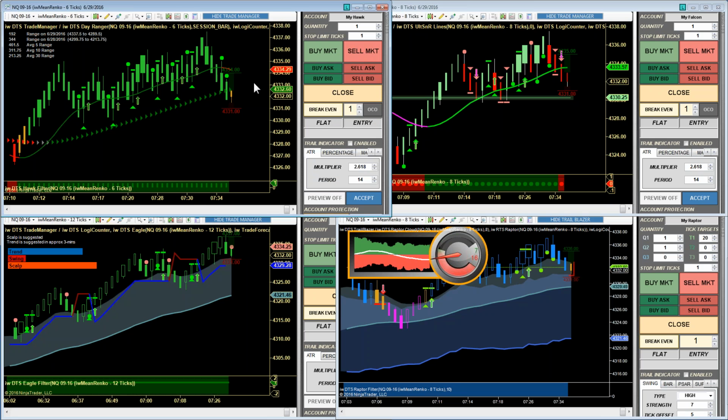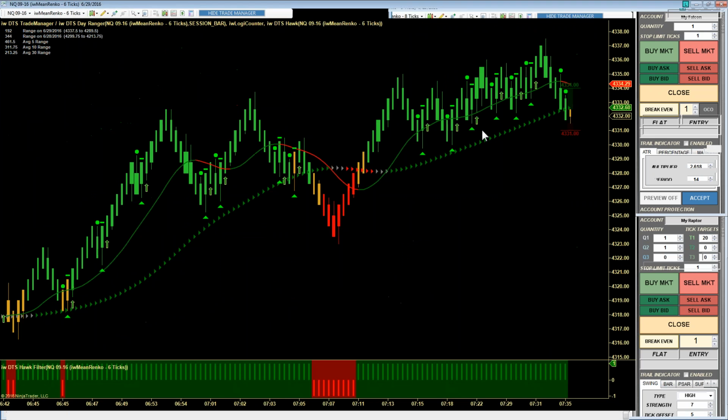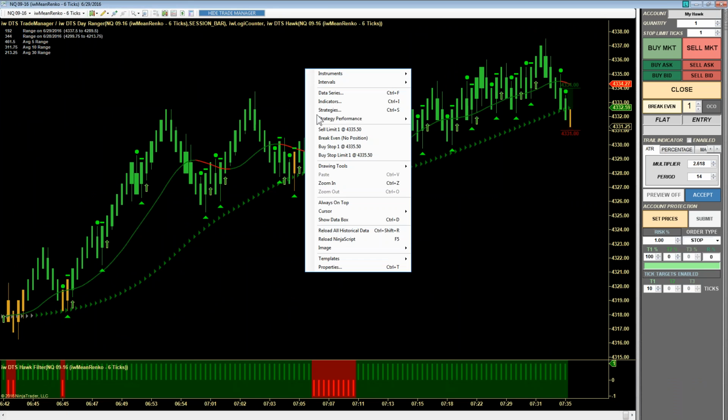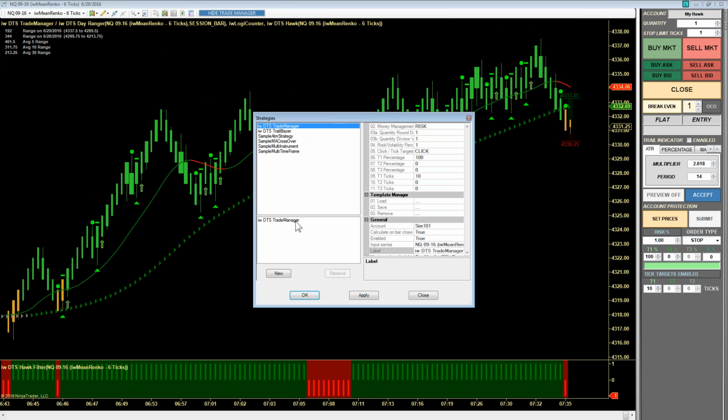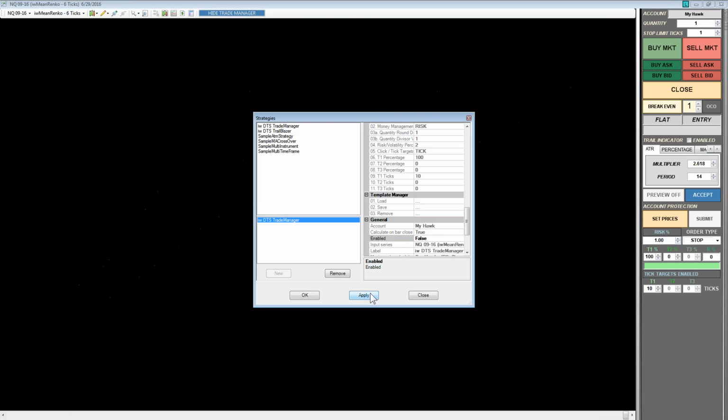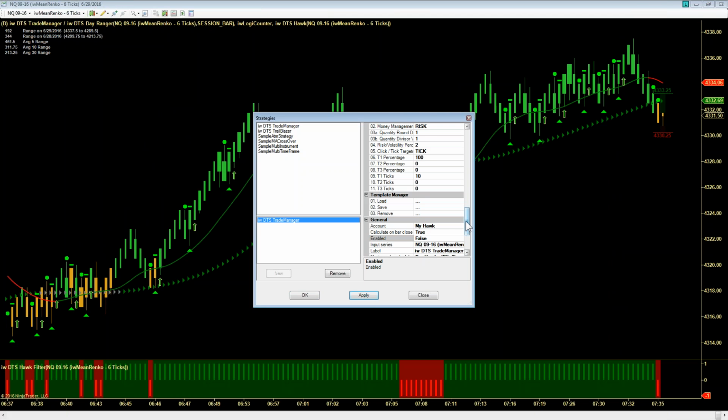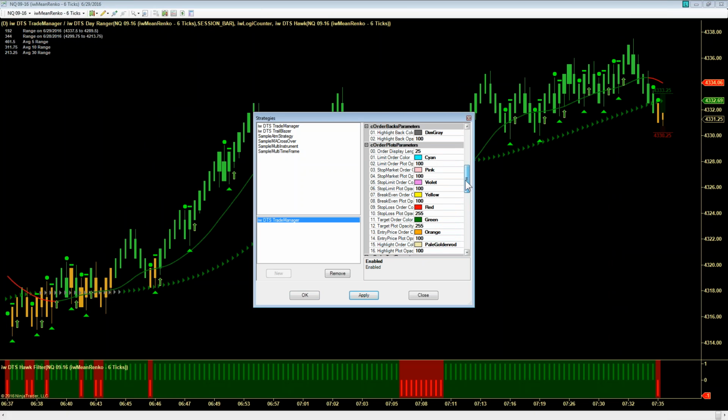Okay, what you need to do is go to your strategies window, highlight your trade manager, and disable it so that you can make adjustments. So we're going to turn it off, and we'll apply that. And now you can go up here to your cosmetics. These are your orders right here, and you can make them darker or lighter.